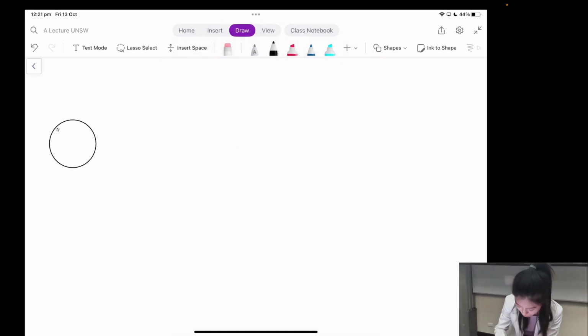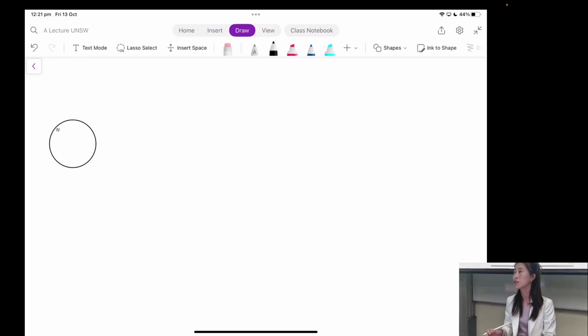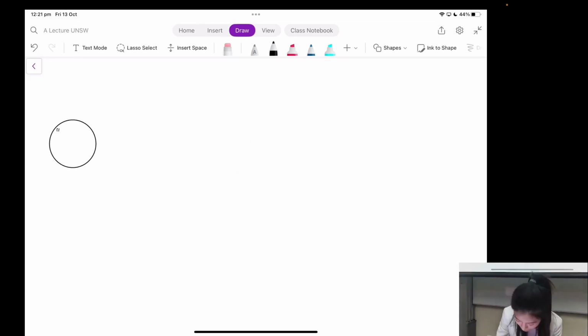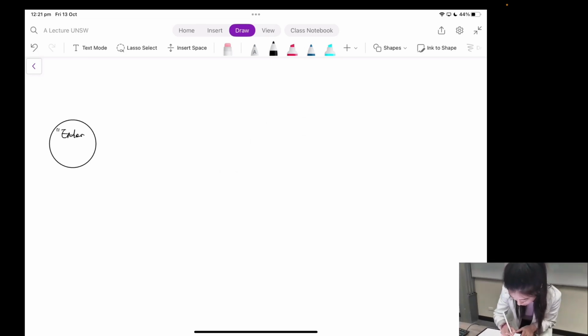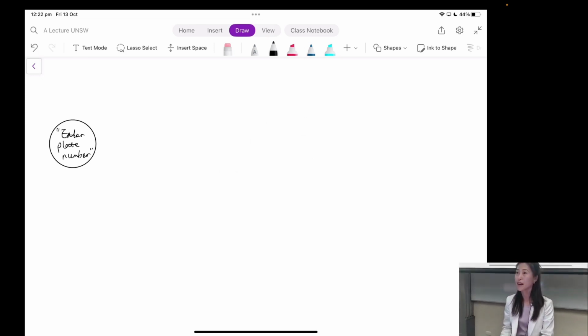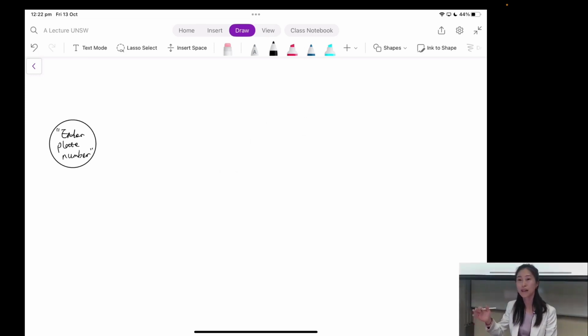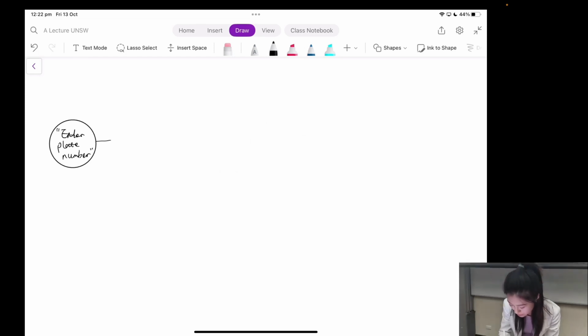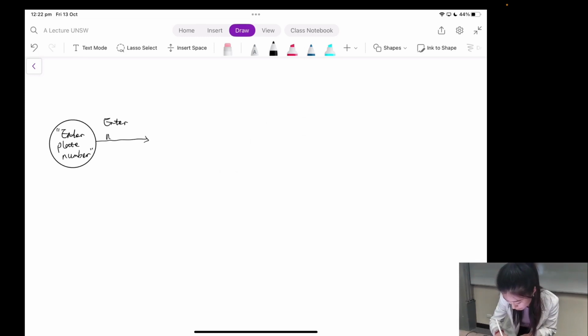They may ask you to enter your car's plate number, so the first state will be enter plate number. And then you enter the number, so this is the event, which is enter number.